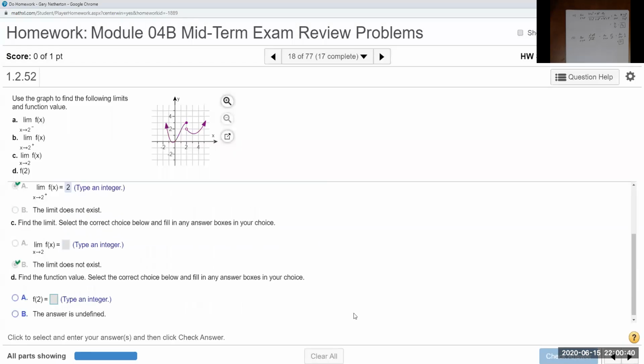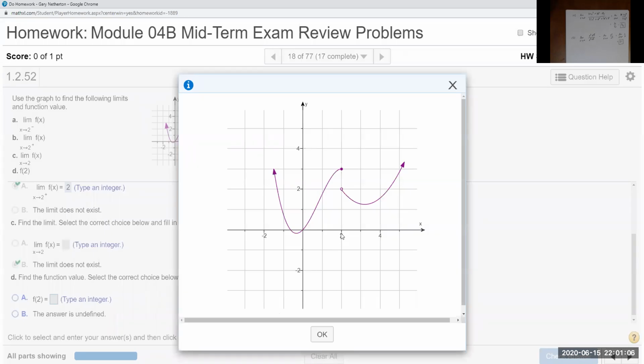Now the last part is interesting. Don't be fooled, because we've been doing limits left and right, but this is just basic old function notation. This is saying, what's the value of the function when x is 2? f of 2 says, let's go see what the function is when x equals 2. So x equals 2 is right here. Here's my function. Of course, x equals 2 is where we have this gap or this break or this jump. So the question is, what's the function?